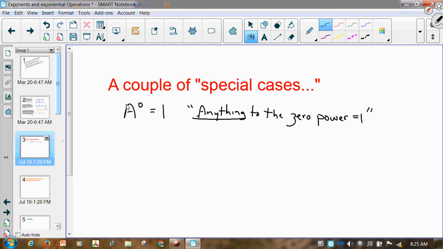Now the mathematical definition that gets you here, like I said, I don't want to go through right here for the sake of time, but it actually is mathematically correct. It's not just somebody saying how do we deal with this a to the 0 thing.